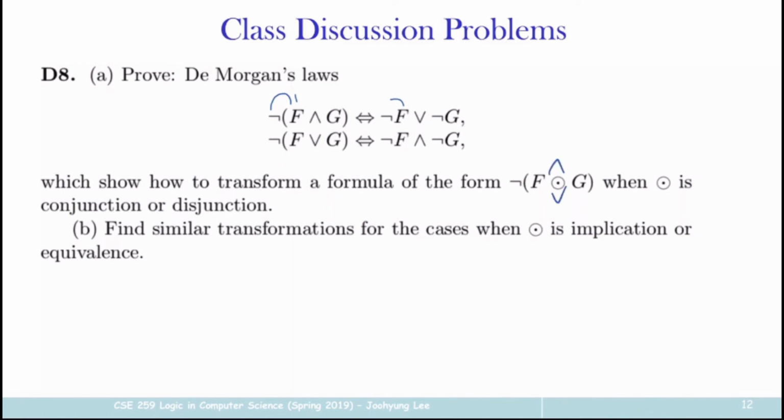Or can you even do that when this symbol is an implication or equivalence? Can you move the negation inside the parenthesis? Those are the challenging questions that we'll discuss next class. All right, so let me finish up here, and let me open the Socrative.